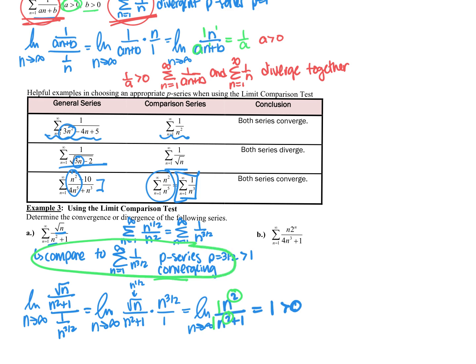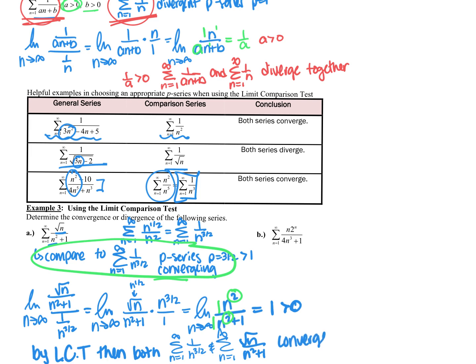So we would say, okay, so by the limit comparison test, I'm just going to say LCT, which you are totally allowed to do, then both this guy and this guy converge together. Because this guy converges.